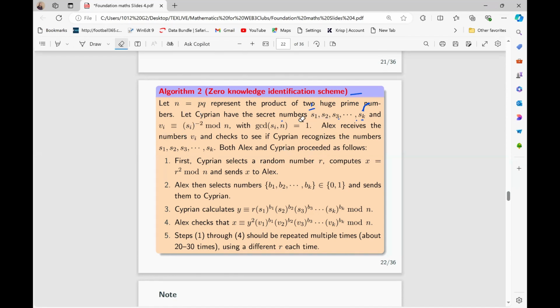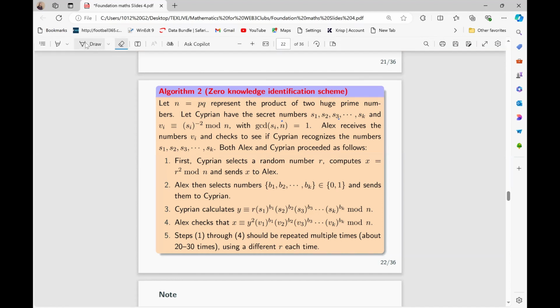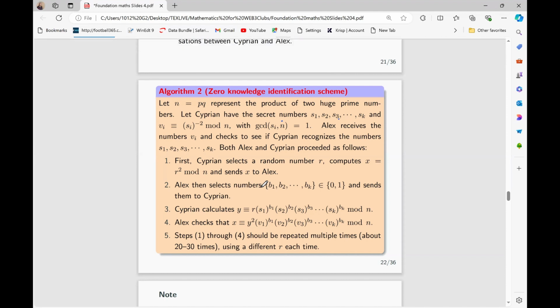Good. So the witness is S1, S2, S3 up to Sk. You take these, divide 1 by them, then square the result. When you square the result, you send it to Alex and claim that you know S1, S2, S3 up to Sk.